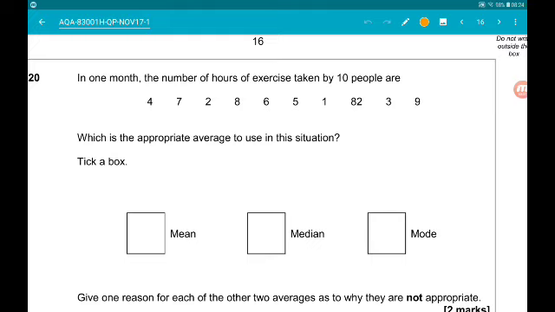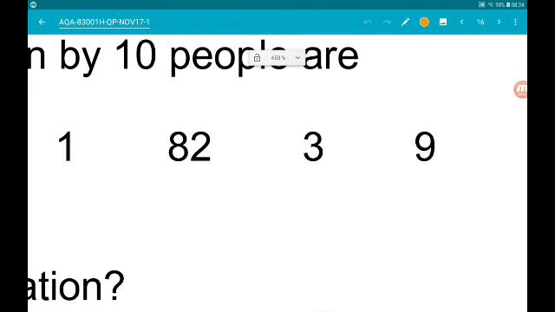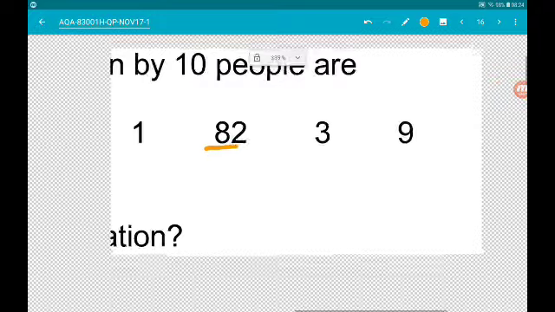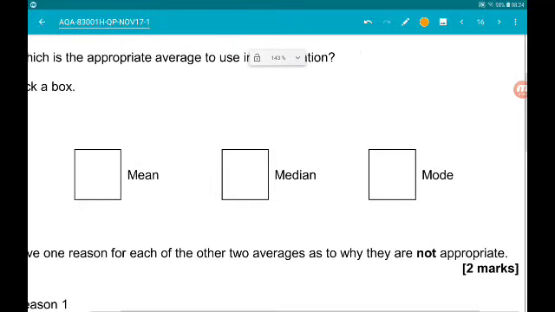So we've either got the mean, the median, or the mode. So there is this extreme outlier here of 82. So if we were to take the mean, that's going to be heavily affected by this extreme outlier. So the best average to use would be the median.